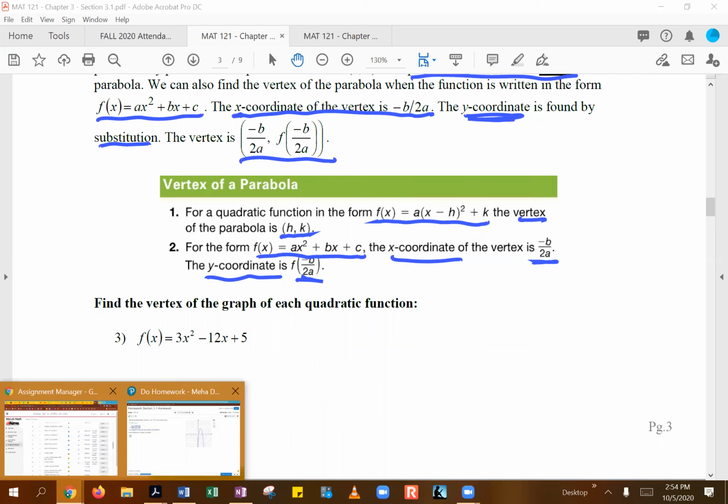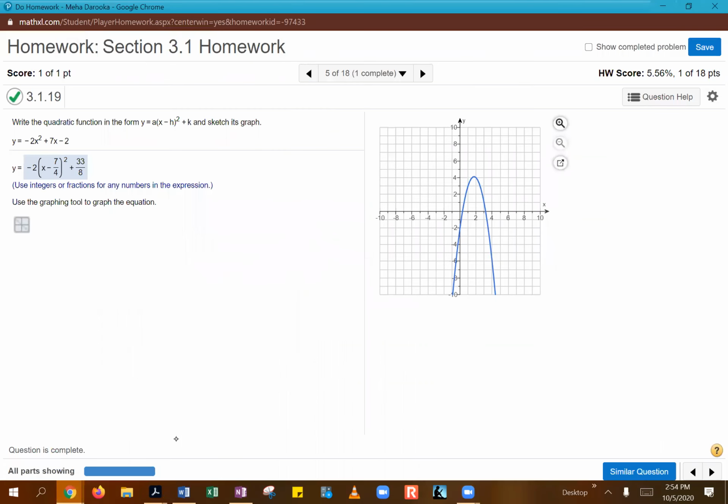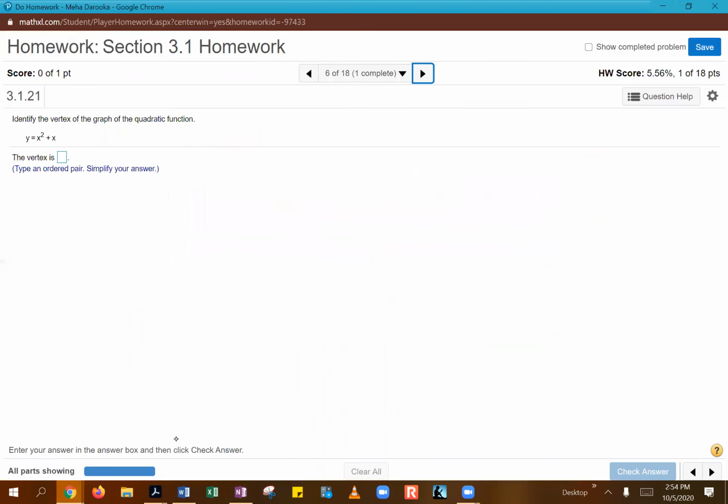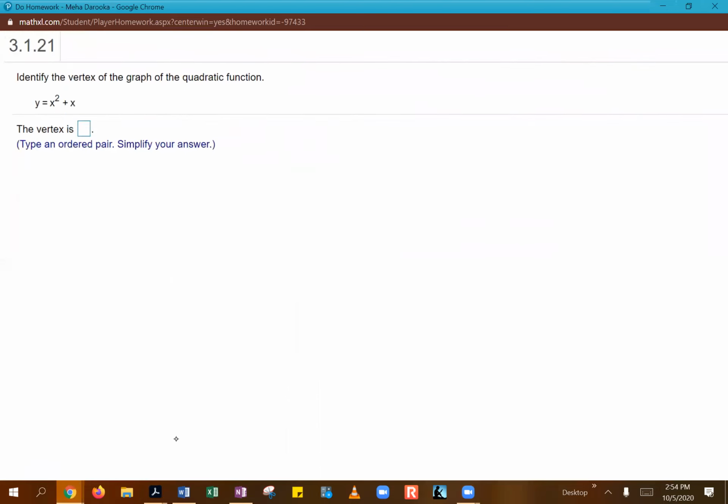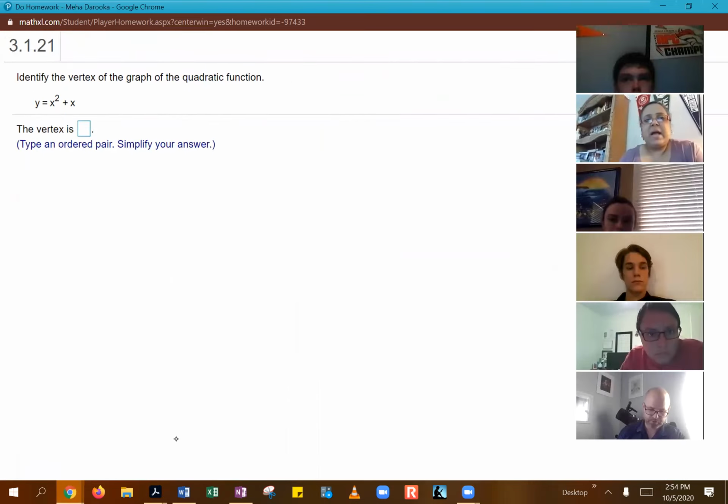So let's take a look at how we can find the vertex of our parabolas based on the different types of equations we have. Okay, so let's do this one over here. The equation is given to us as y equals x squared plus x.